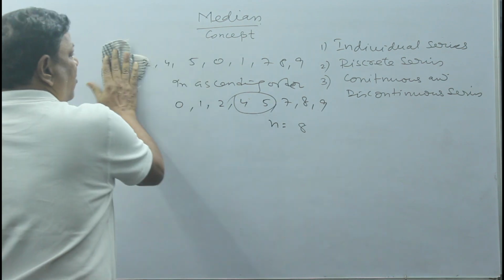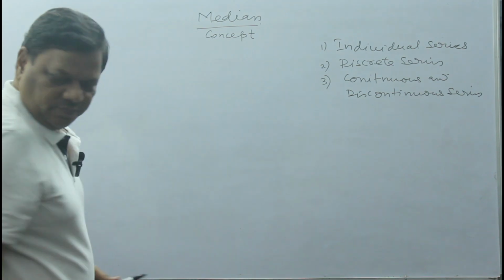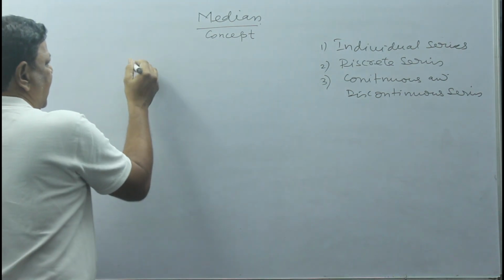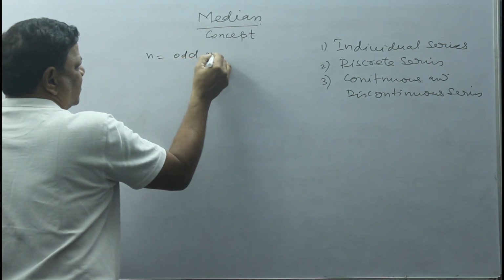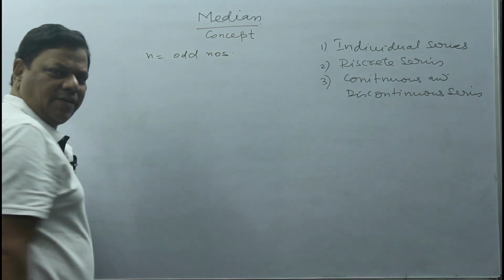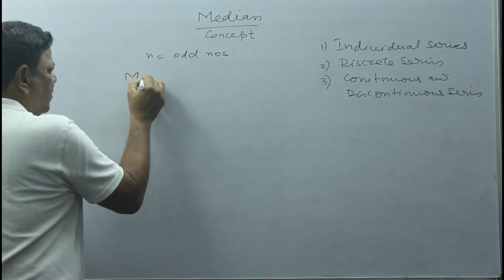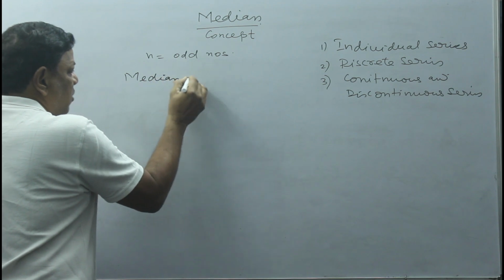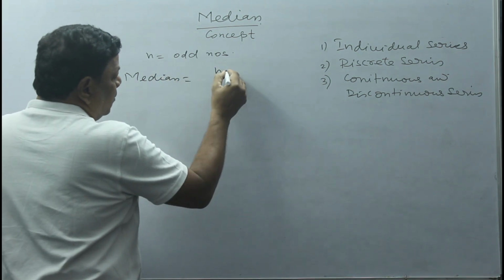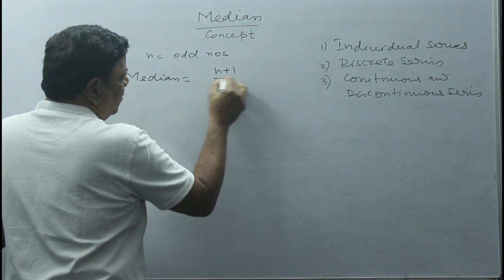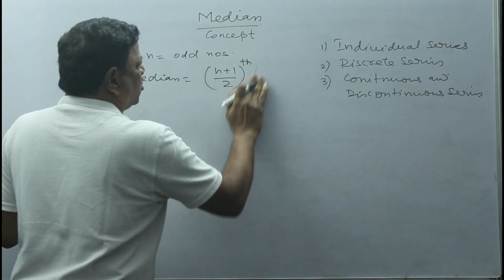That formula I want to write here, so that you can understand it. First, n equal to odd numbers. What is the median formula? Median equal to (n plus 1) by 2 observation, or term you can write.